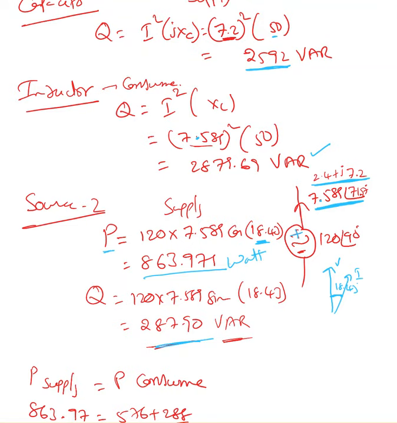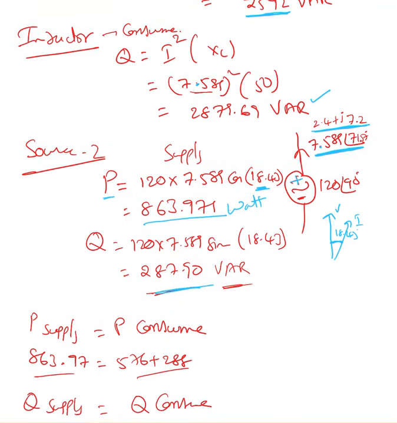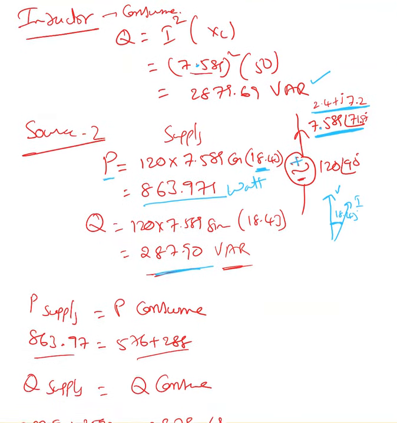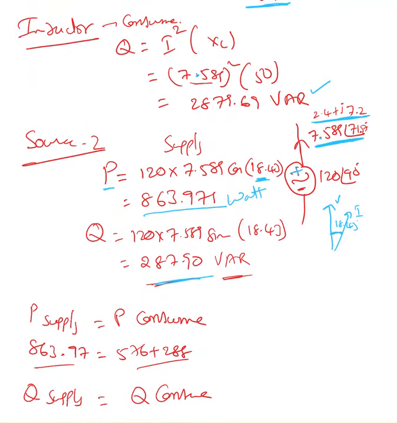Now we want to verify: in any closed circuit, power supply must be equal to power consumption. So source 2 is supplying 863.97, I can say 864, and the resistor is consuming 576, and source 1 is also consuming 288. So altogether it is 864.